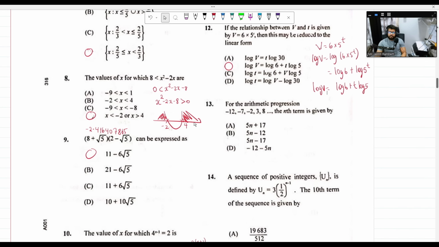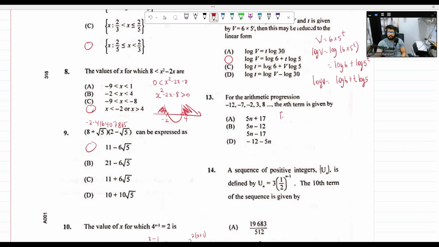For the arithmetic progression, the nth term, t sub n, is equal to a plus n minus 1 multiplied by d. A is 12, plus n minus 1 multiplied by d. What is d? 8 take away 3 is 5. From here to here, we add 5, but the easiest way to find out what d is from this set of numbers is taking away the term after, take away the term before. I'm not going to say 7 take away minus 12.